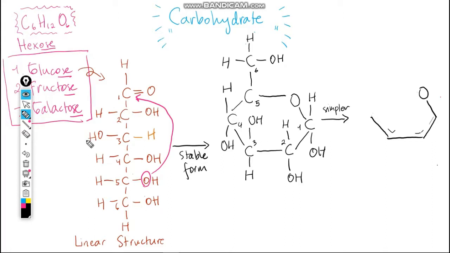Let me write the numbers. This is carbon, sorry, not oxygen, carbon. Carbon number 1, carbon number 2, carbon number 3, carbon number 4, carbon number 5. So it will become like that. And this part should be carbon number 6.